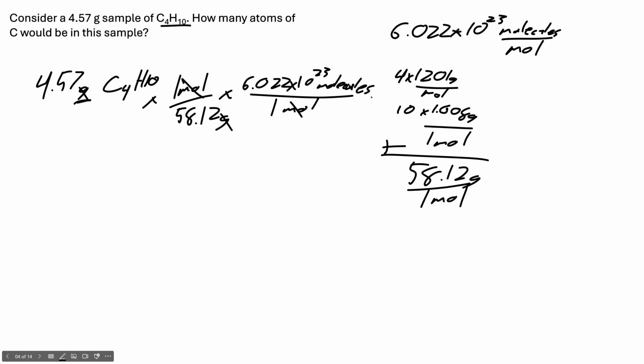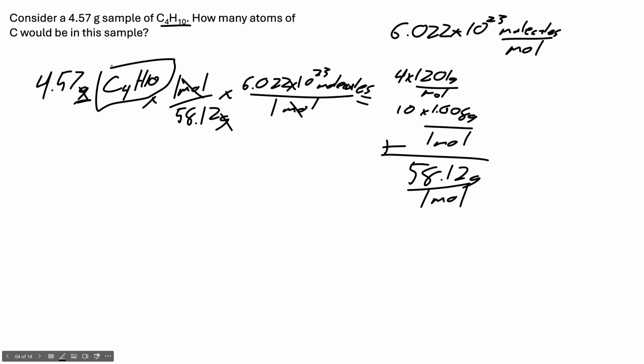And this is going to give me how many molecules I have. Molecules of what? Molecules of this guy. I'm going to enter this on a new line here: 4.57 divided by 58.12 times 6.022 times 10 to the 23rd.